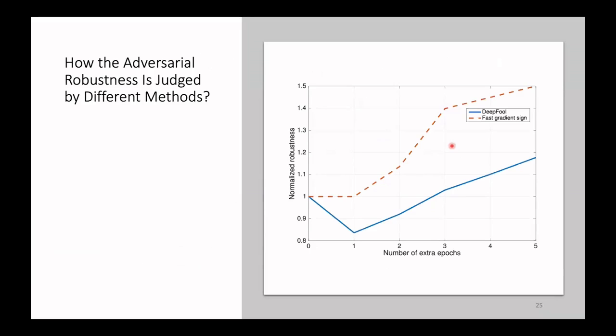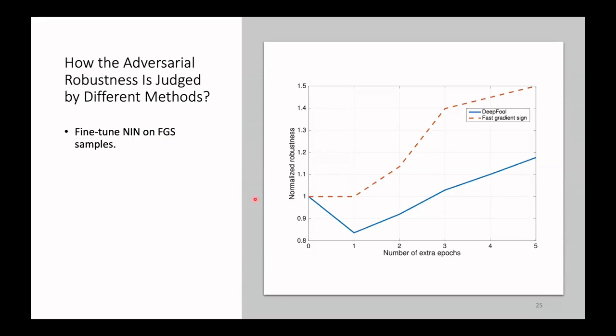Finally, they show the importance of a correct estimation of the minimal perturbation in judging adversarial robustness. To this end, they fine-tune the NIN model for 5 more epochs based on the fast gradient sign method adversarial samples.